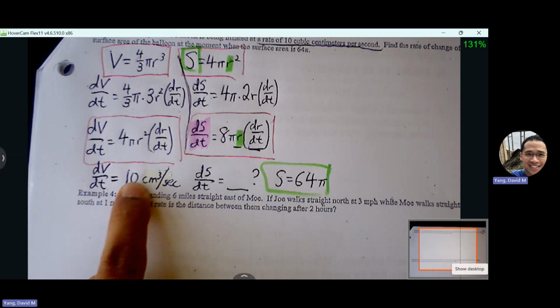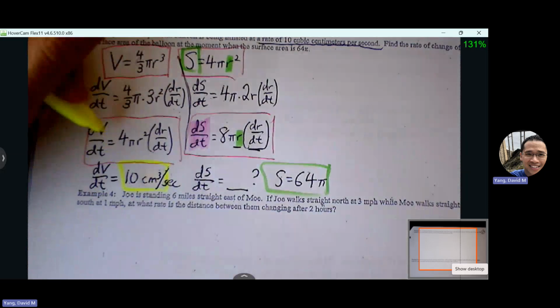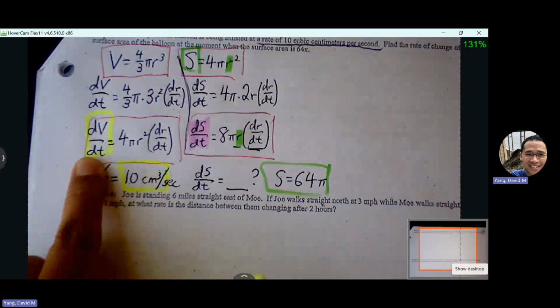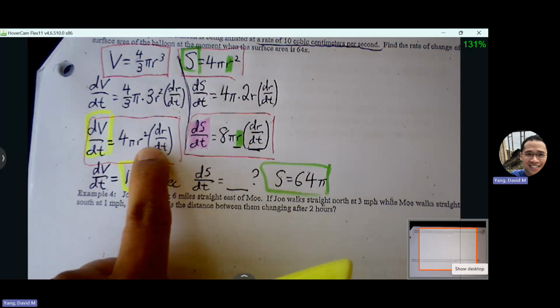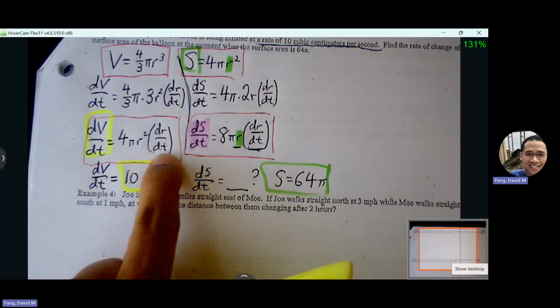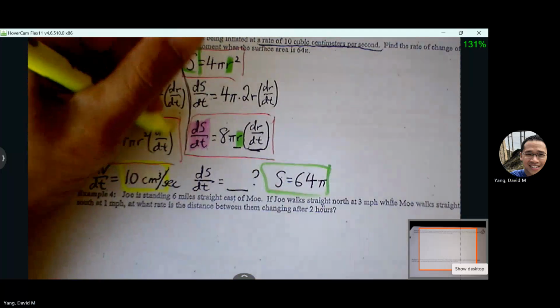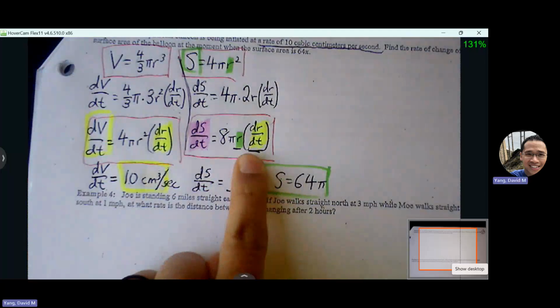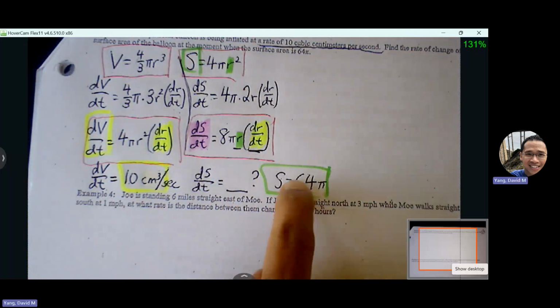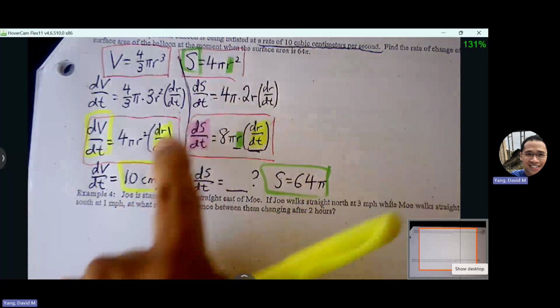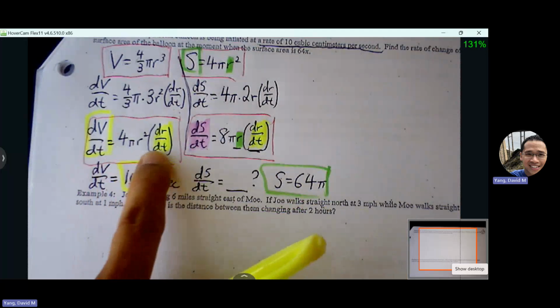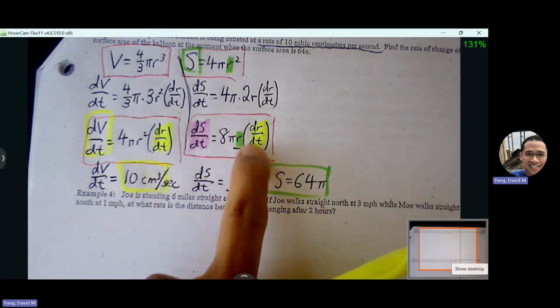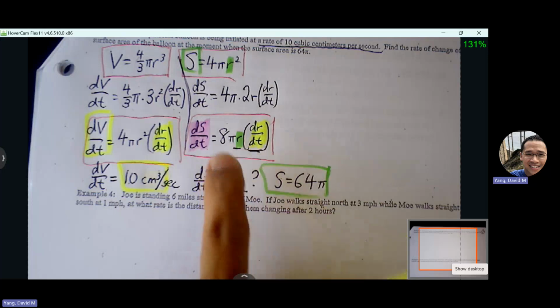Yeah, so that 10, we can put that 10 in for this dv dt. And assuming that we already found R, then we should be able to get to dr dt. And then that should get us to where we want to be. All right, so S is going to help us eventually get to R, and then dv dt is eventually going to help us get to dr dt. And then once we have these two values, we can plug in and solve.